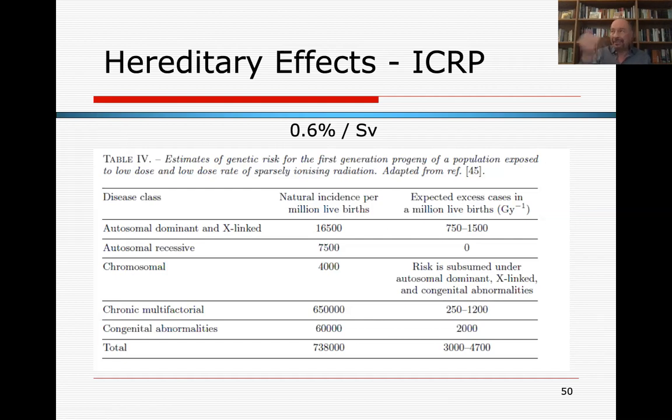For example, diabetes is chronic multifactorial because it has a genetic component, but it's not 100% genetic. Same for cancer itself. So it's a very high fraction, but you see the excess is expected to be low, and that's the total at the end. The total will be some 3,000 to 4,700 cases per million births out of 738,000 in the natural incidence.